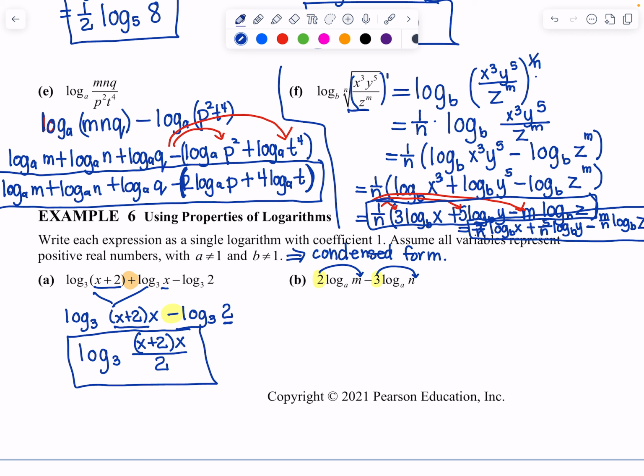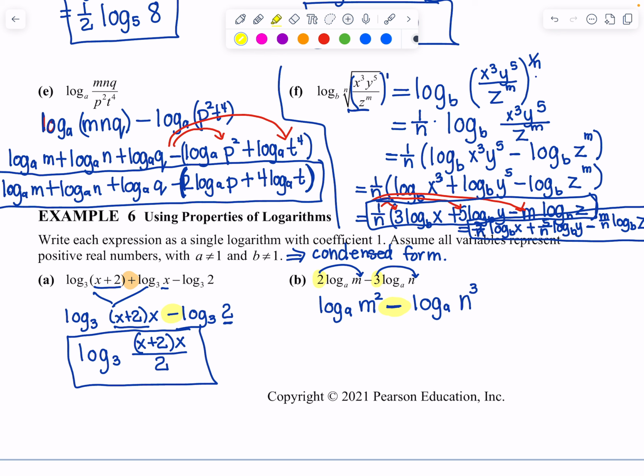Let's do it. To each thing, log base A m squared, right? Because we're doing the reverse. Minus log base A n to the third. That's what we get. Now, look, we got to take care of this minus. And just like in the last problem when we did minus, what was it?